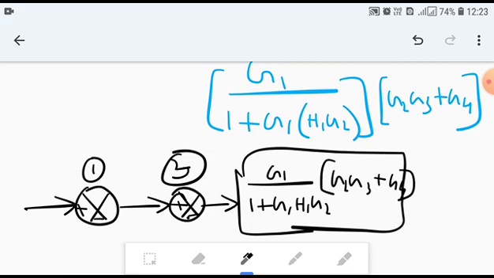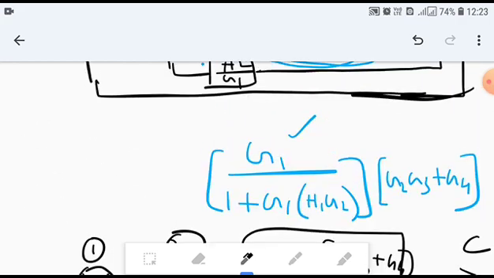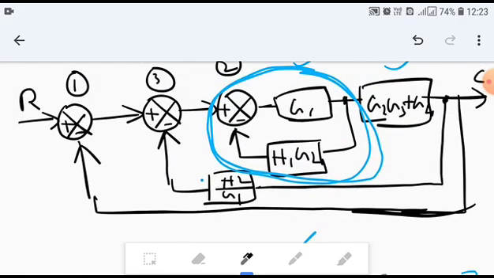So a big one, and here we get the output connected to C. Now here we have the feedback connections, another two.